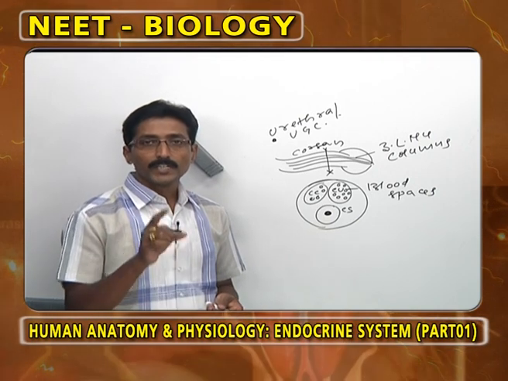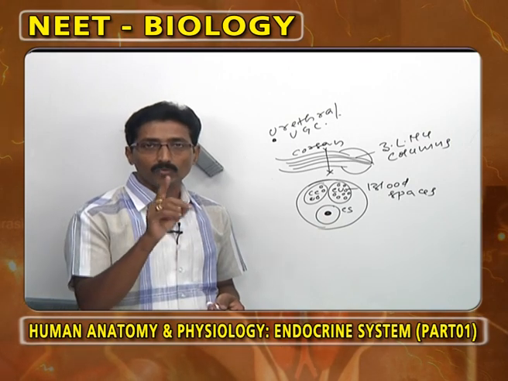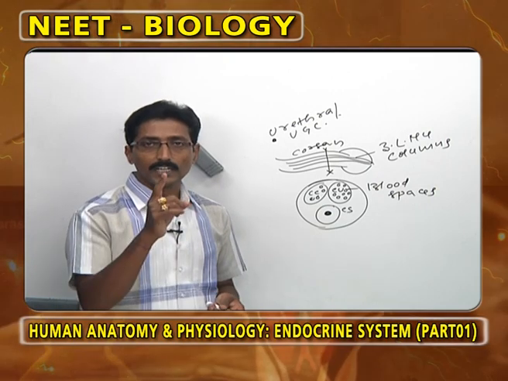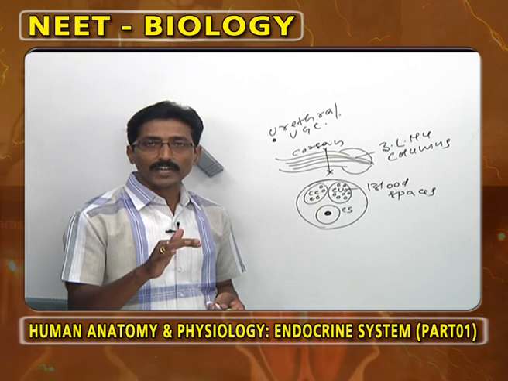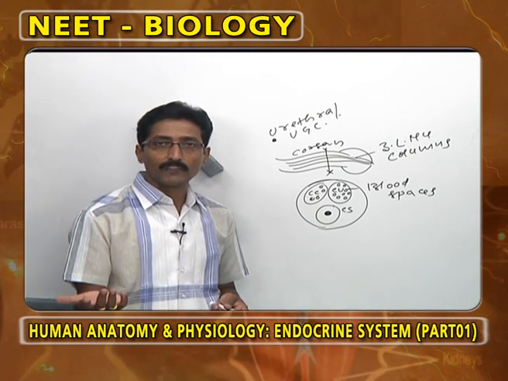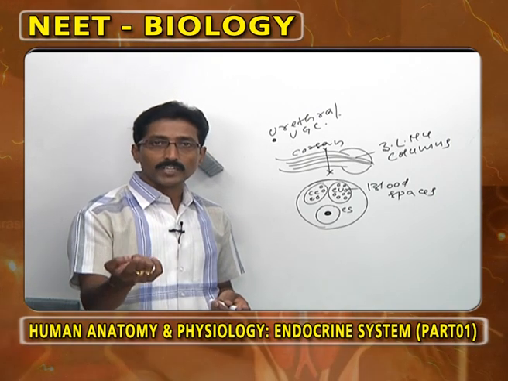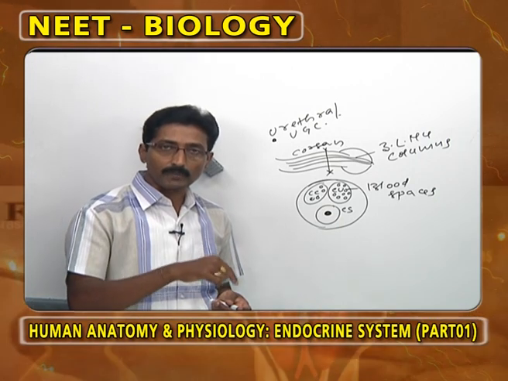Again repeating, seminal vesicle 1 in number, prostate gland 1 in number, Cowper's glands 2 in number, rectal glands 2 in number. But the function of rectal glands is not known in male as well as female. Seminal vesicle, prostate gland and Cowper's glands are present in male.